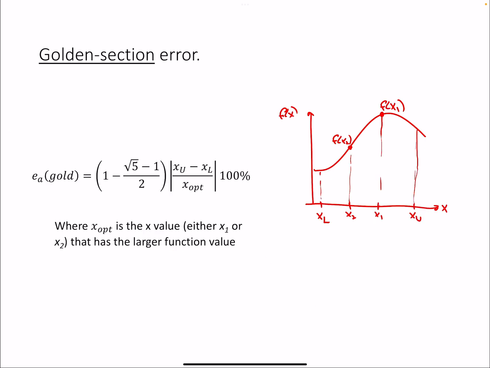So, for example, in the golden section method, you may choose to have this as an approximate error for that procedure, although that's not necessarily the most universal way to do it. You can simply take the interval itself, and that's a fine enough approximation in many cases.